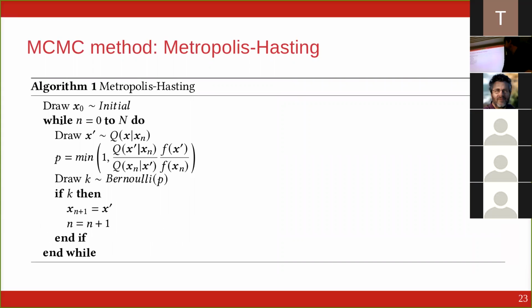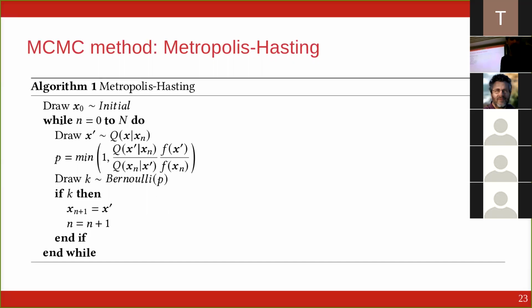A good example would be the Metropolis-Hastings method, where you have a proposal distribution Q, which allows you to sample the next value. Q can be almost anything. If you choose Q properly, you get some nice properties which lead to a better and more efficient implementation of the algorithm, but this is the most generic form.